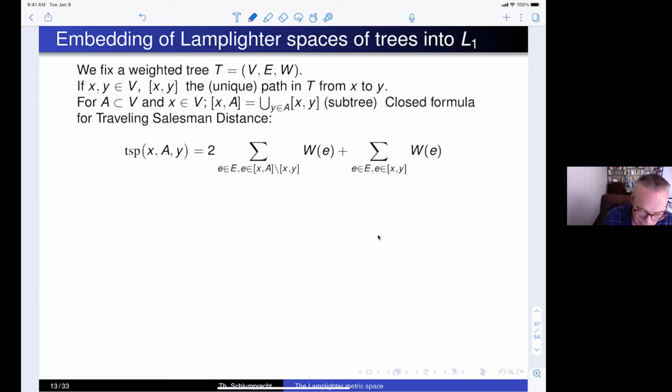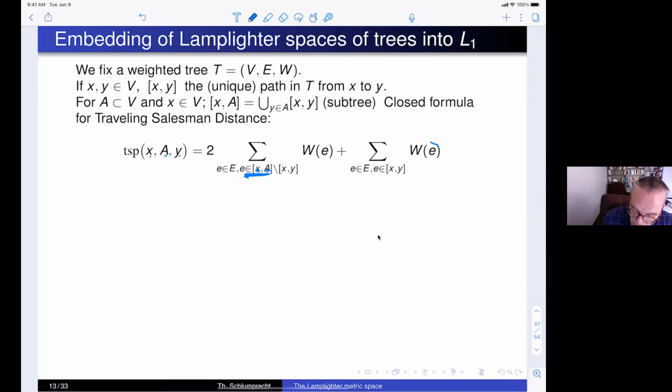The traveling salesman distance from x through A to y is 2 times the edges on the subtree, minus the edges which go directly from x to y, plus the edges from x to y, which you count once. So the edges which are not in [x,y] but are in this set, you count them twice, and the edges from x to y, you count only once.